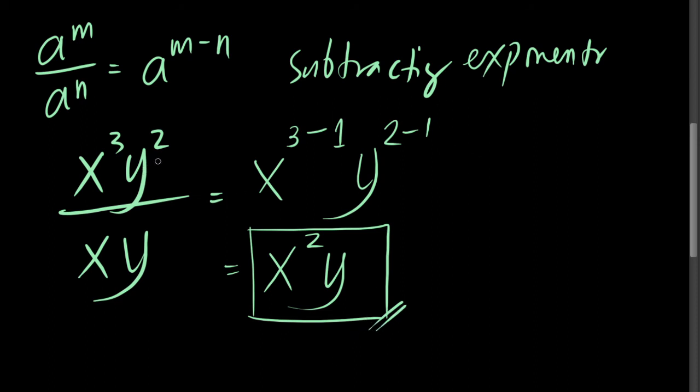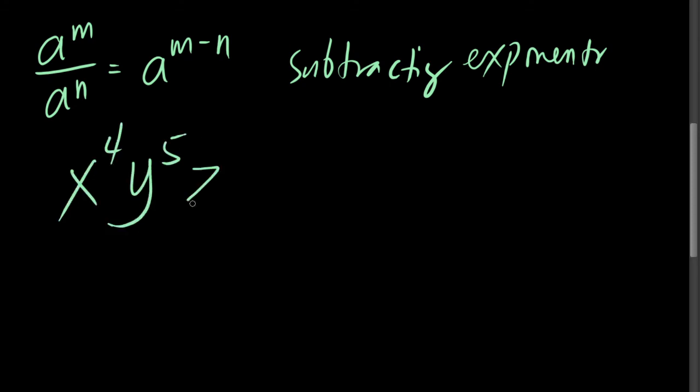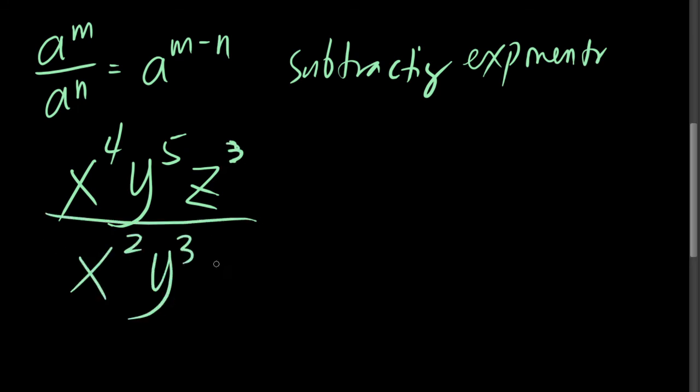And then, what if? Once again: x to the 4th, y to the 5th, z cubed, over x squared, y cubed, z to the 5th. Okay. We have x, 4 minus 2.